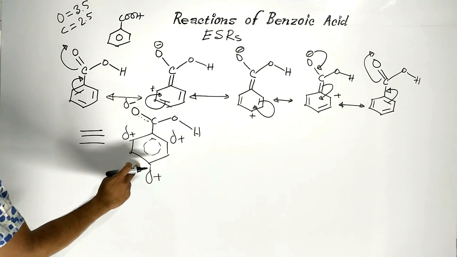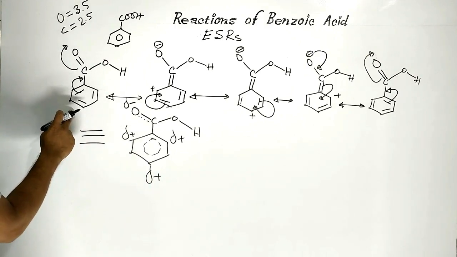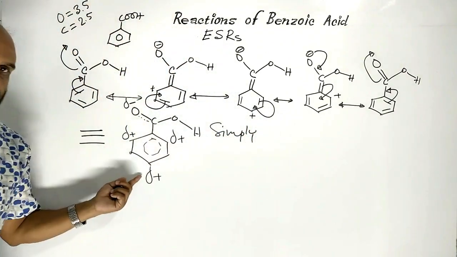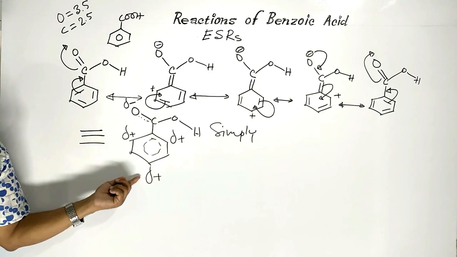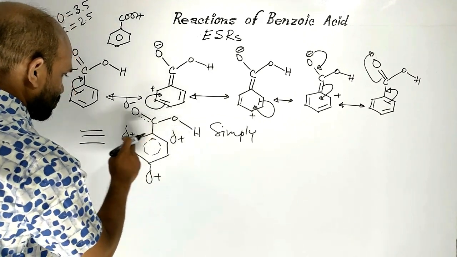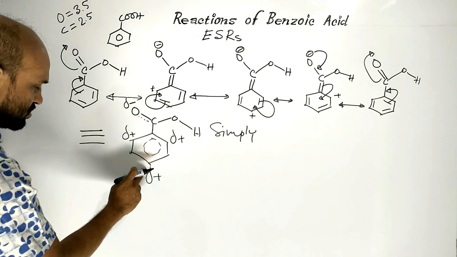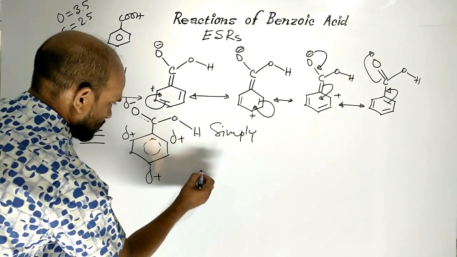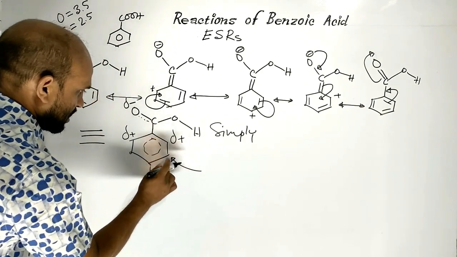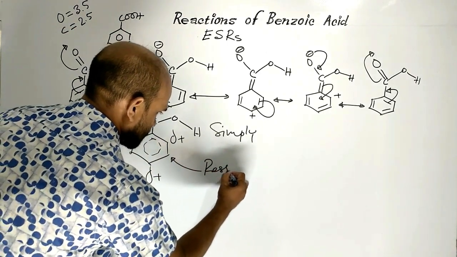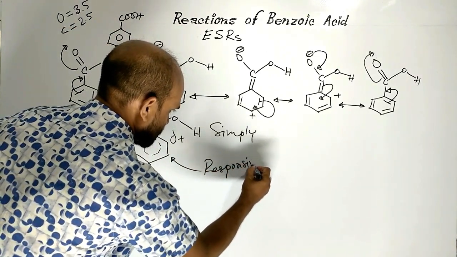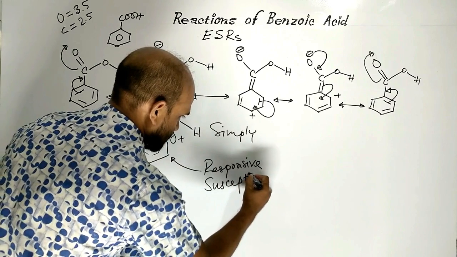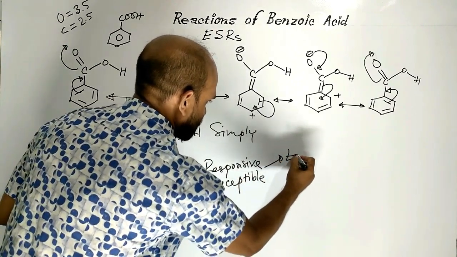These may be the resonance hybrid of benzoic acid. Simply, this can be showed as resonance hybrid, in which orthocarbons and paracarbon become partially positive in charge. So, comparatively, metacarbon becomes responsive or susceptible towards electrophile.